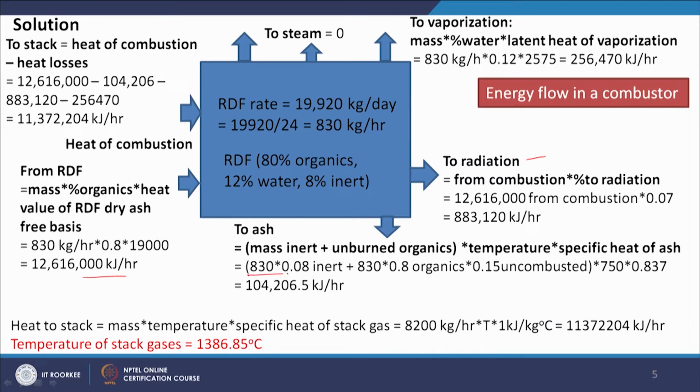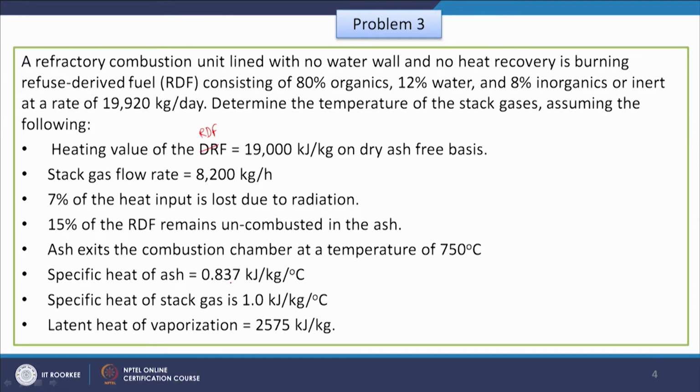So, this part is the ash material, and this ash is at 750 degree centigrade. This is multiplied by Cp, so m Cp dT, that is the heat taken up by this ash. Cp is equal to 0.837 kilojoule per kg per degree centigrade.